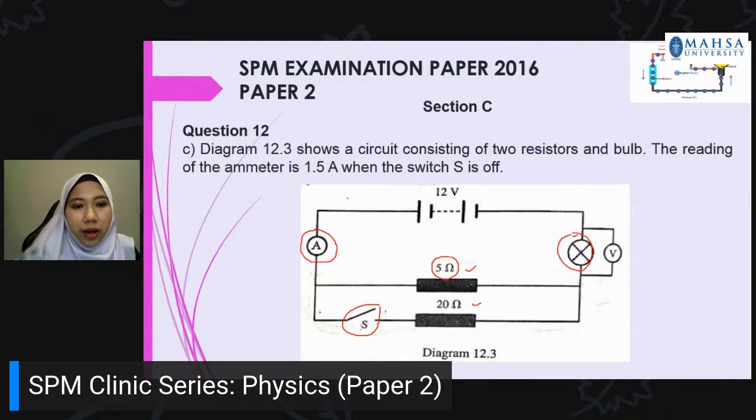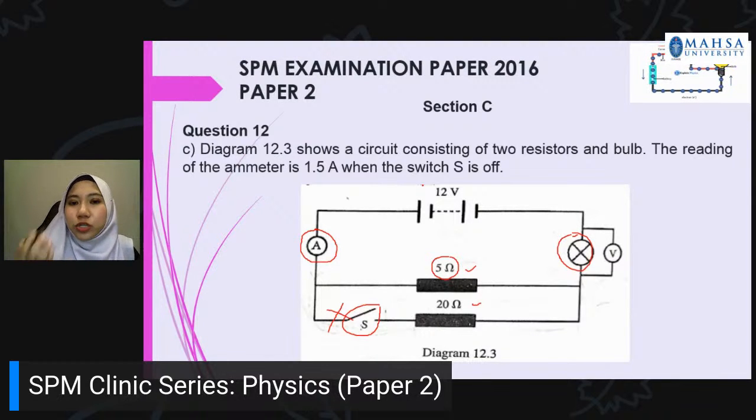There is no current flowing through this line, or no current flowing through the 20 ohm resistor. The current always flows from the positive to the negative terminal.